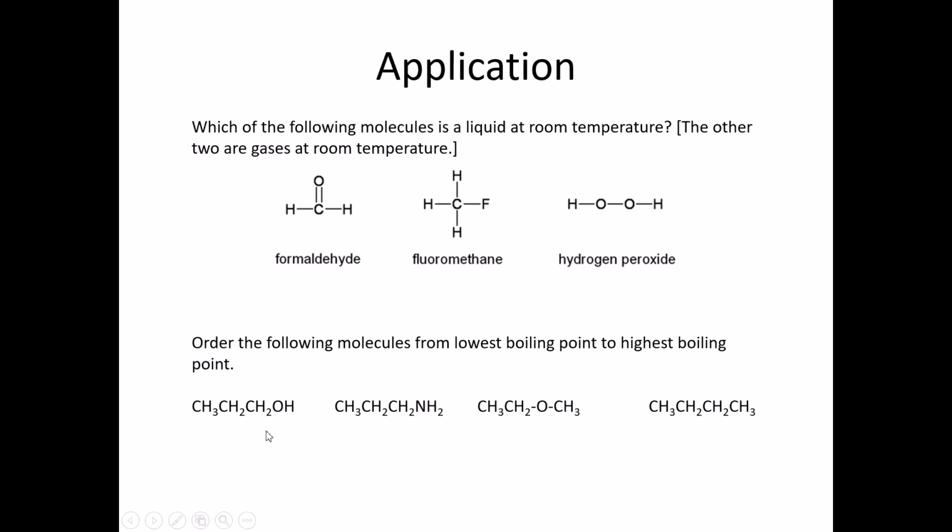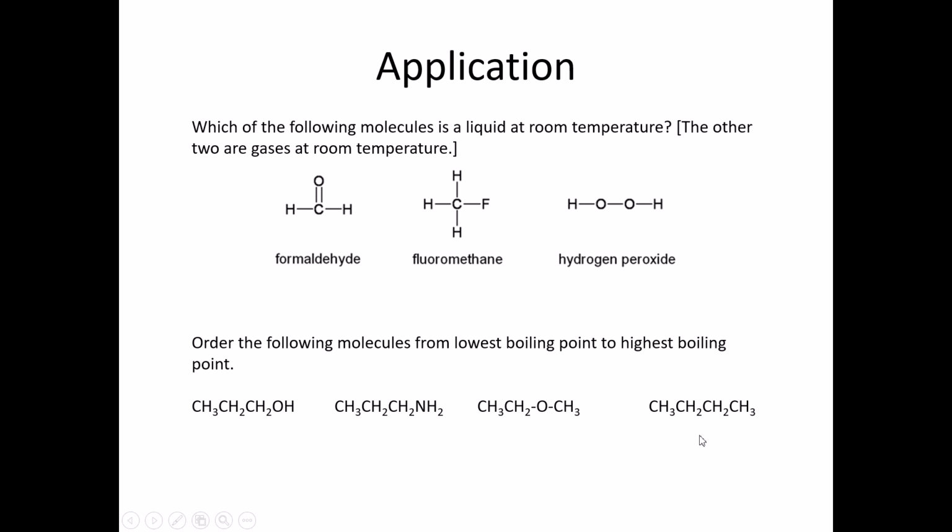Now in terms of determining boiling point by ranking molecules, we want to think about intermolecular forces again. So we have an OH group here, so hydrogen bonding. We have an NH2 group here, hydrogen bonding. We have an ether group that has an oxygen with two carbon chains, cannot hydrogen bond, but is still polar.